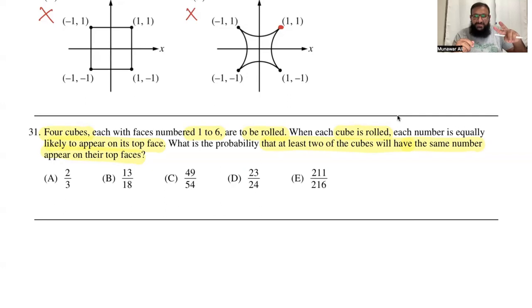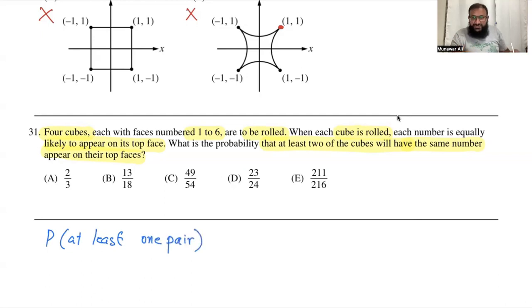At least 2 are the same, it means there is at least a pair which is the same. So we have to find the probability of at least 2 the same, or at least there exists one pair.